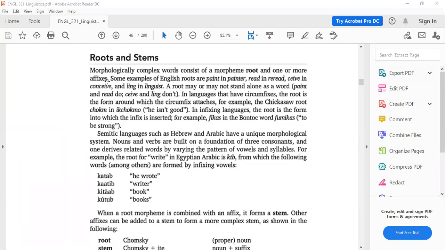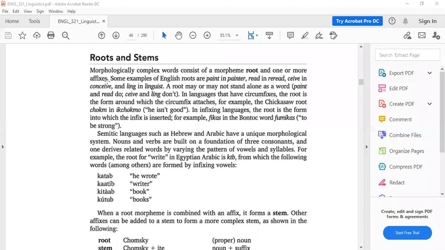When we say root, a root may or may not stand alone as a word. In Arabic, because we have the pattern fa'ala, kataba is a root and it can stand alone.